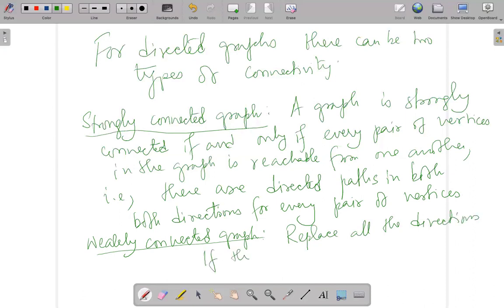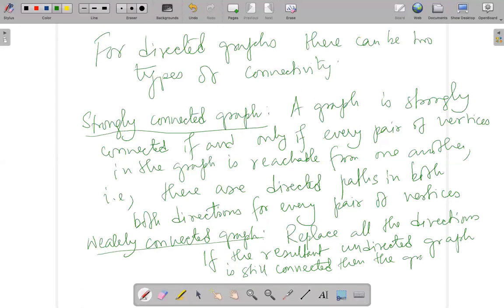If the resultant undirected graph is still connected, then the graph is called weakly connected.